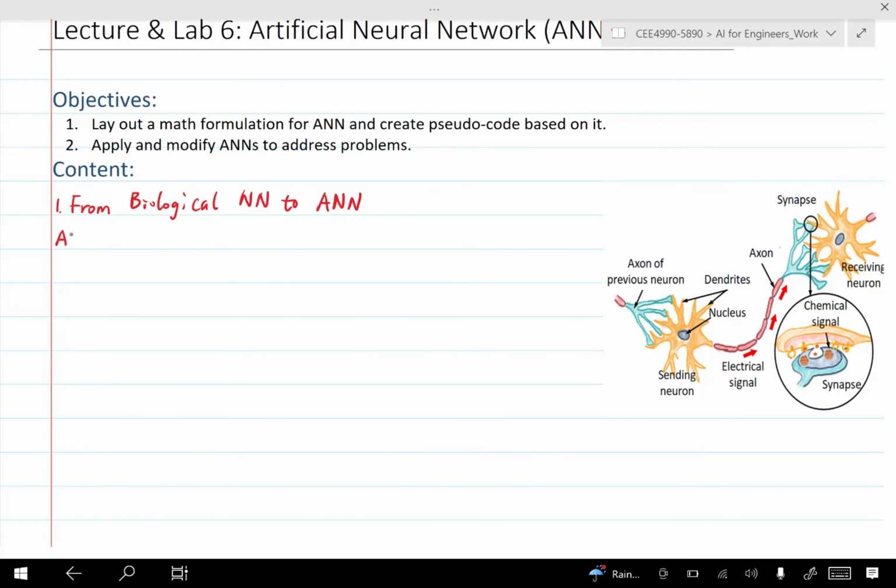As I've just mentioned, ANN, the artificial neural network, is inspired by the biological neural network. And when we are talking about this inspiration, I think we need to pay attention to two things so that we can better understand the similarity and the difference.